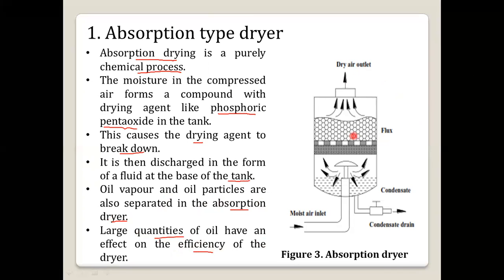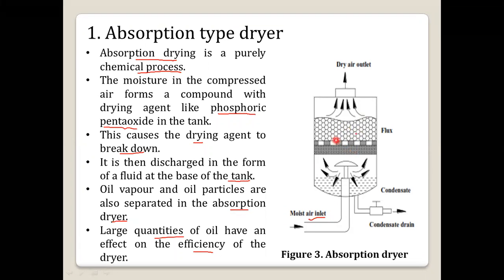Let us see the diagram of this absorption type dryer. Here the moist air inlet: the air will go through the inside of this dryer. Here we have the flux, the condensate, where we are using phosphoric pentoxide.